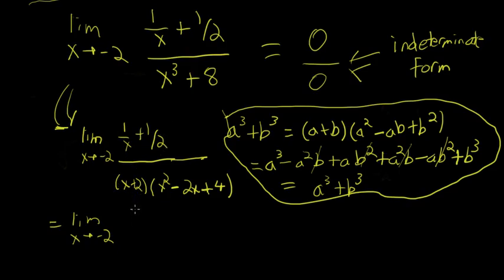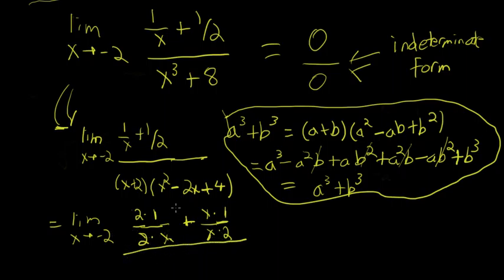So 1 over x times 2 over 2 is going to be 2 times 1 divided by 2 times x. And that'll be added to 1/2 times x over x, so x times 1 over 2x. And this is just so that we can have a common denominator of 2x for the numerator of this complex fraction.